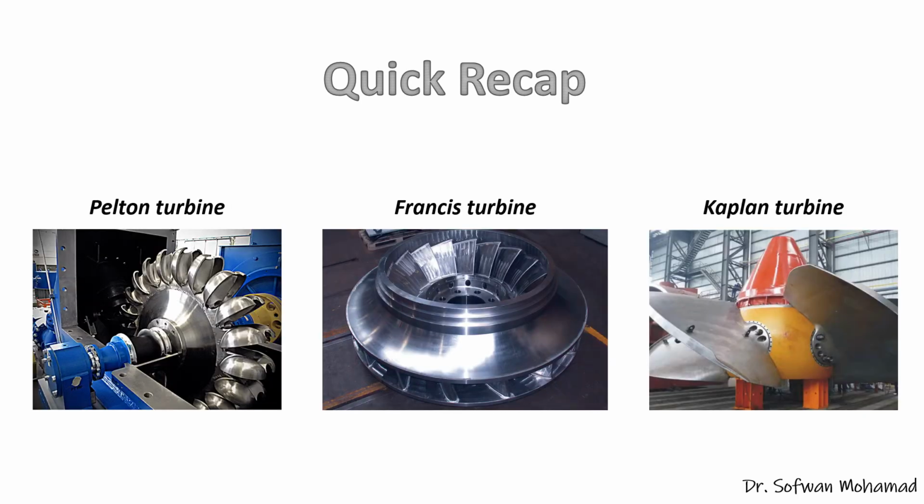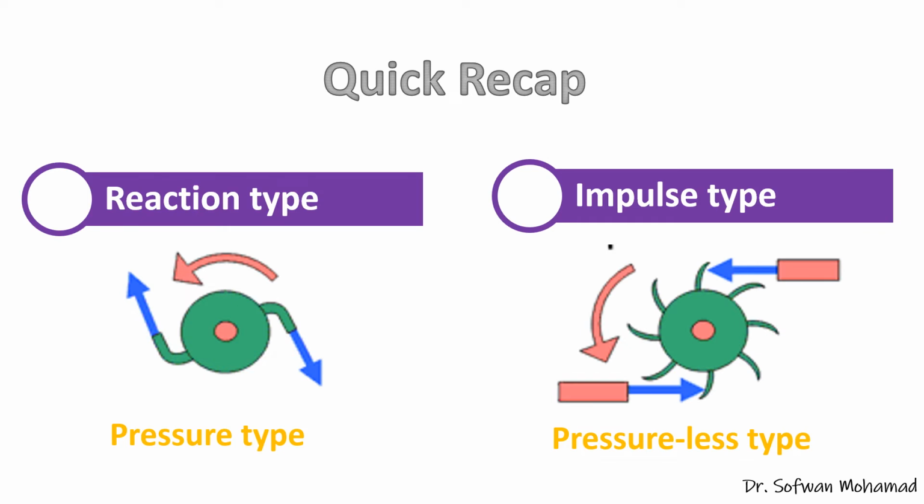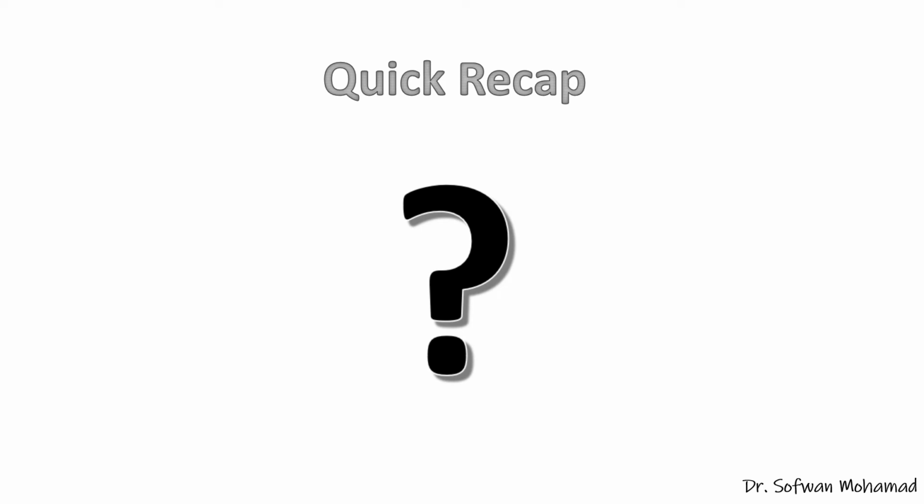We have discussed a little bit about the main types of hydro turbines, and we also know that they can be classified into two broad categories such as reaction and impulse turbine. Now we want to look at why we have the different designs and when we will use them.